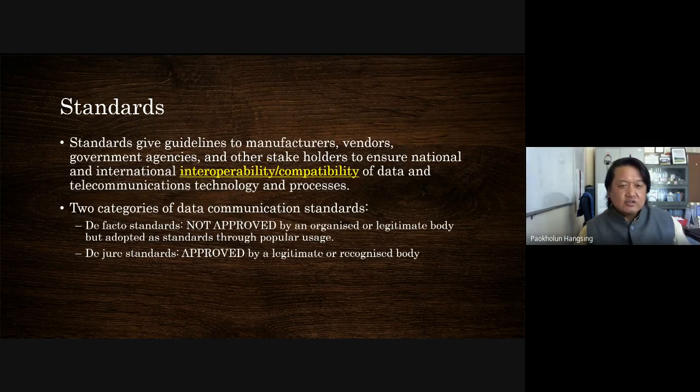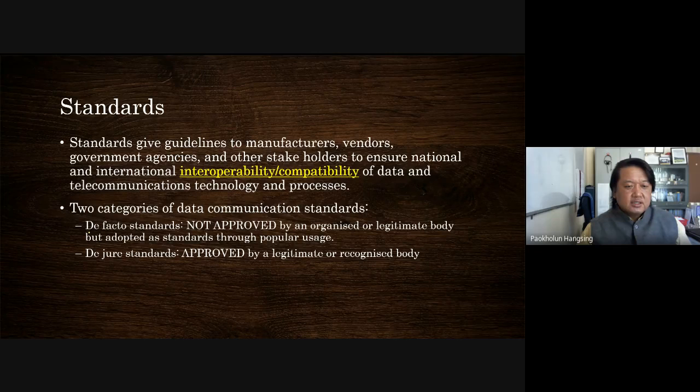A standard is like guidelines, or like specifications, that tell us what technology we should be using. Now, in data communication, there are basically two important standards.